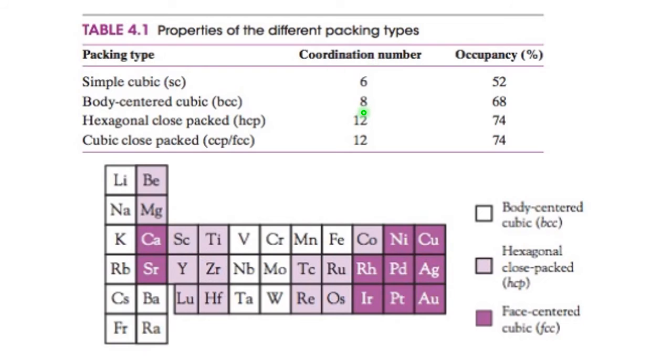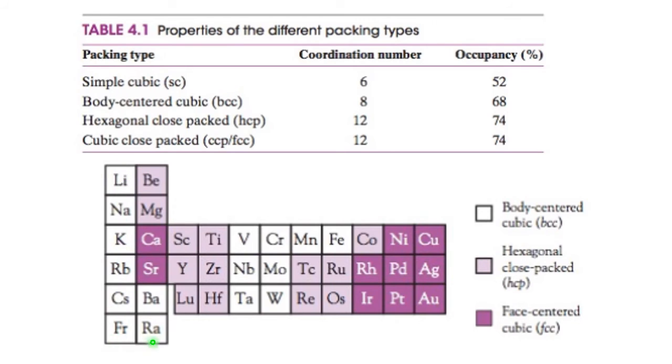Coordination number in body centered is 8, in hexagonal and in cubic close packed coordination number is 12. So the atom has 8 neighbors and 12 neighbors. Body centered happens in some cases.